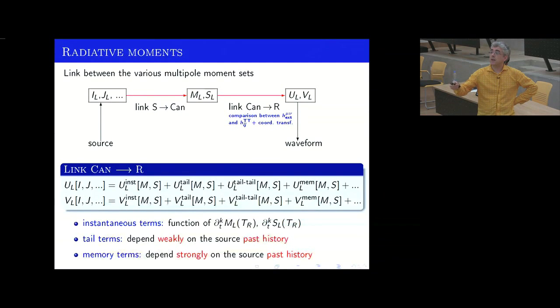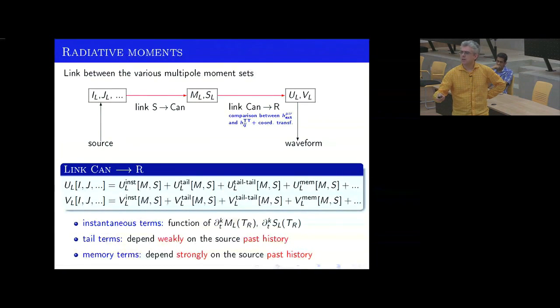Then there is the tail part. This is given by an integral depending weakly on the source past history, so before the retarded time. This effect is related to the scattering of the linear wave on the curvature of space-time.